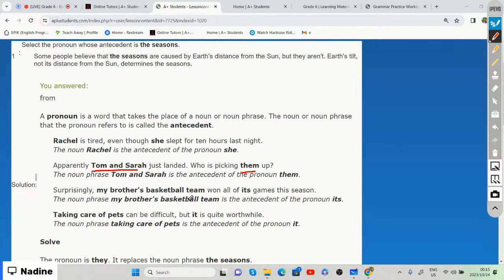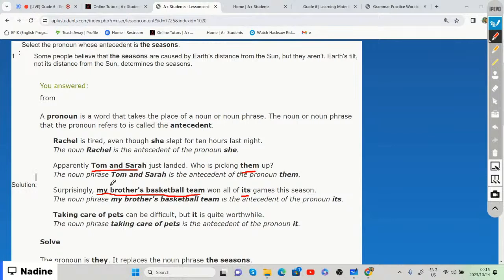Surprisingly, my brother's basketball team won all of its games this season. So, its is the pronoun and it refers to my brother's basketball team.